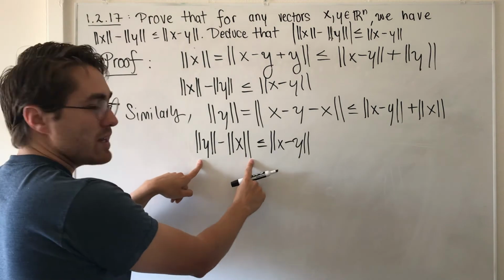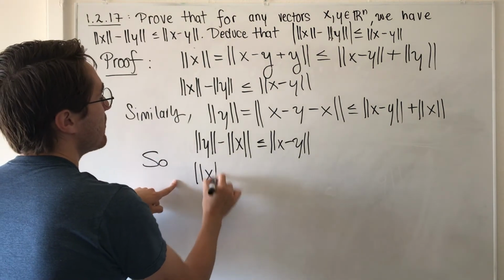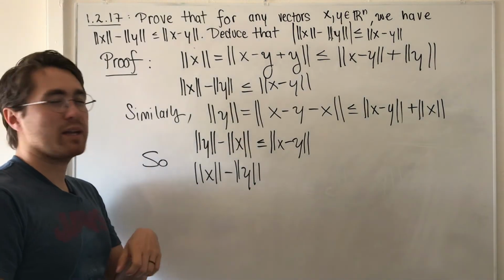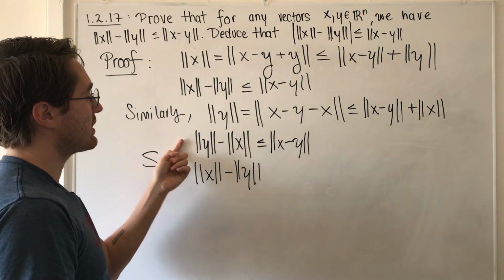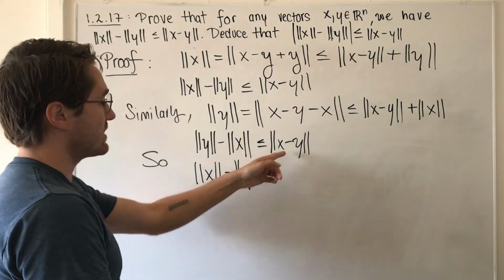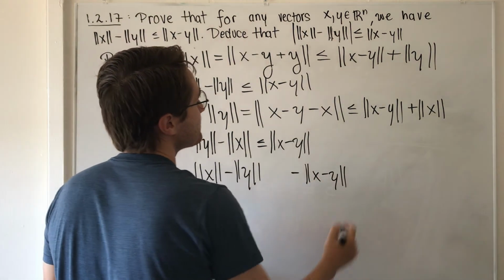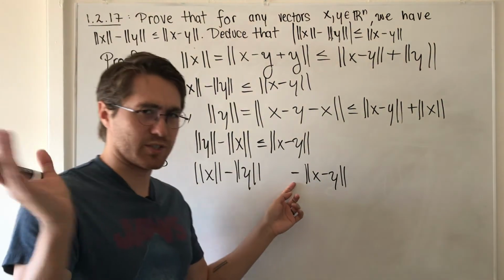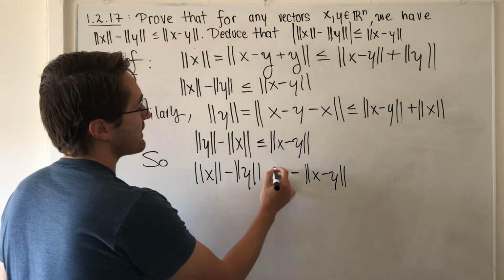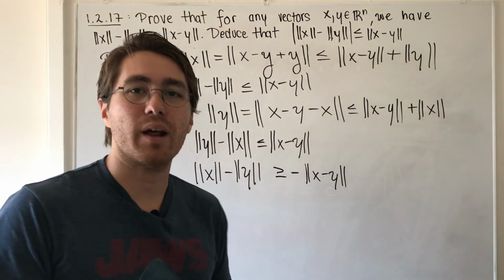And if I multiply by -1 over here, the norm of x minus the norm of y is what I get after I multiply by -1. That becomes a positive, that becomes a negative, and I just switched their order. This becomes a negative norm of x minus y. Note that that negative doesn't just go away because it's outside the norm. And I've got to flip that inequality. But look, that's exactly what I wanted.